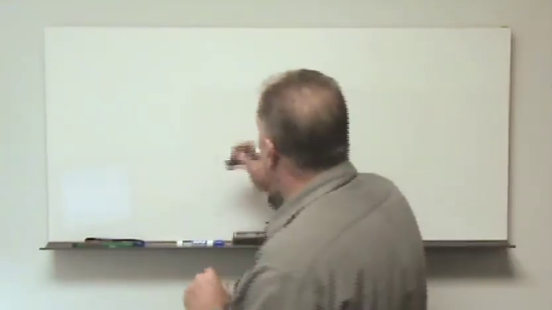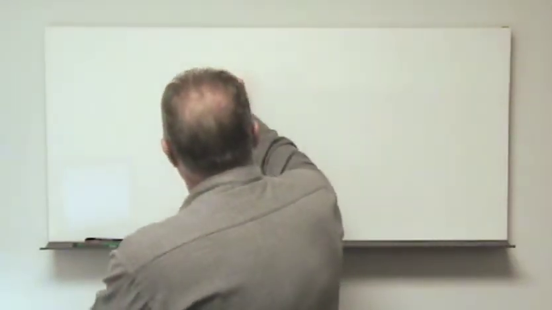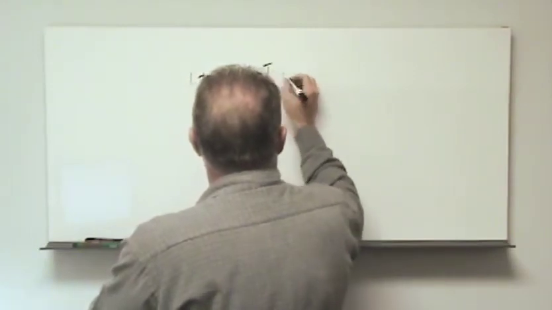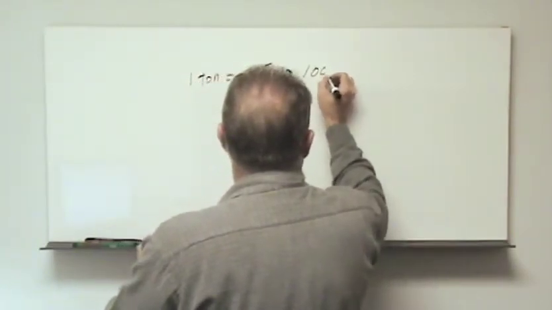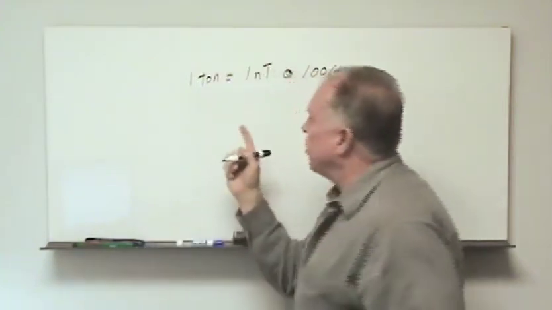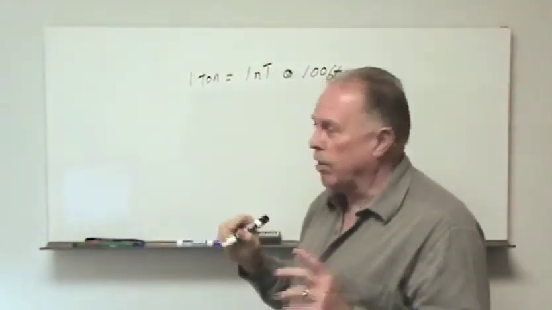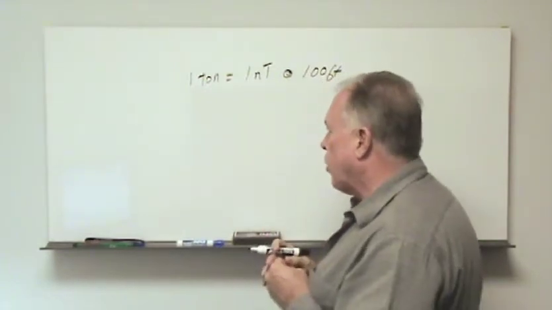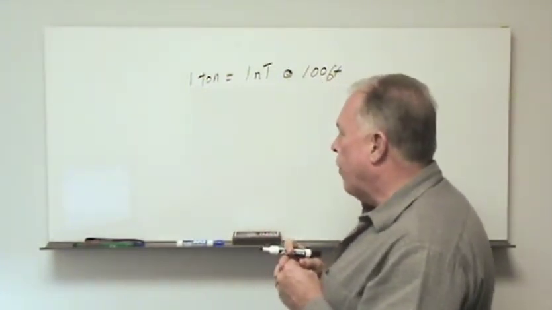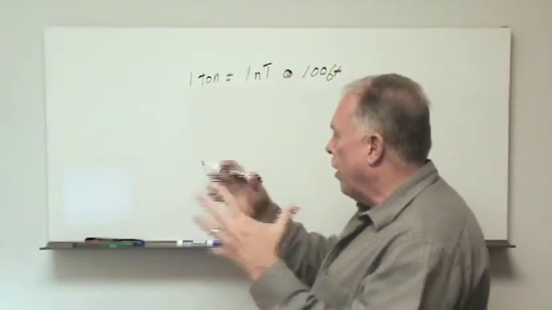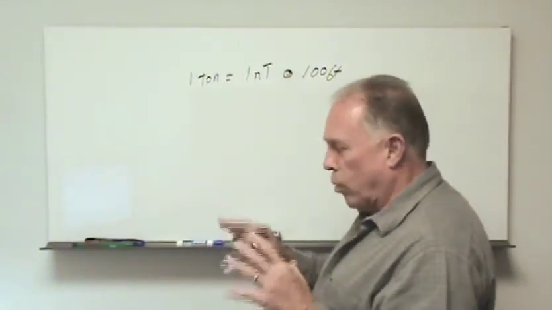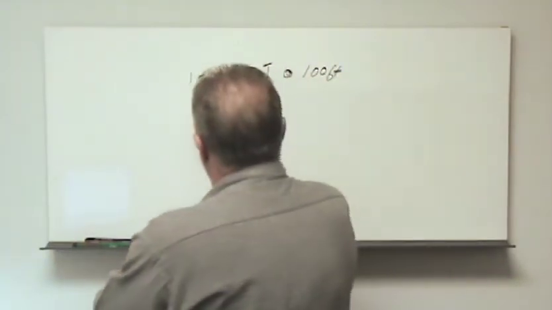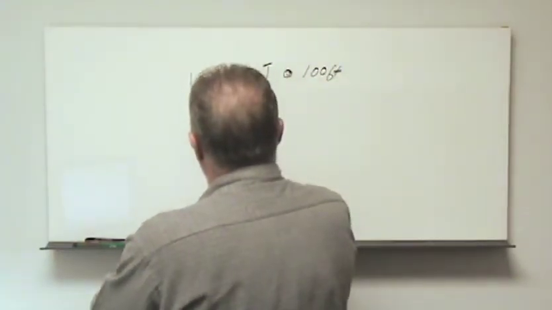The first one is that 1 ton of ferrous material equals 1 nanotesla at 100 feet. Now you'll remember that this is the induced formula to give us the size of anomalies that we get from various targets. In the interest of being worldwide with our discussion here, I want to say that 1 ton is equal to approximately 900 kg.